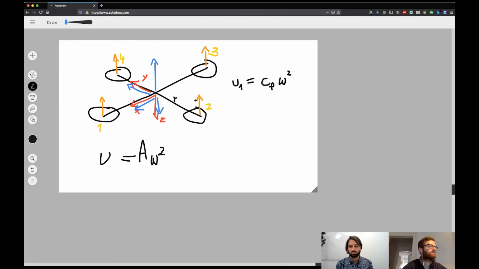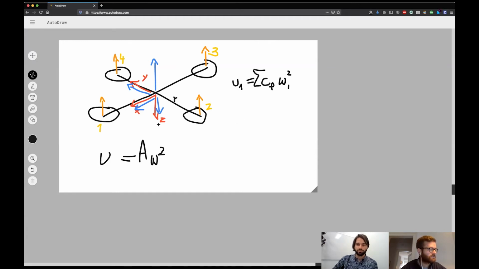This is the force produced by a rotor, and we sum this up over all the 4 rotors that we have here. So this would basically already be the expression for u1.